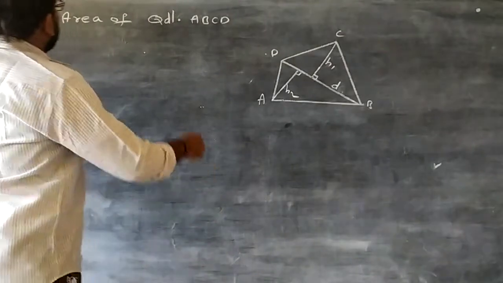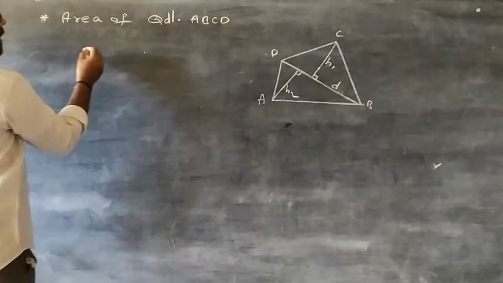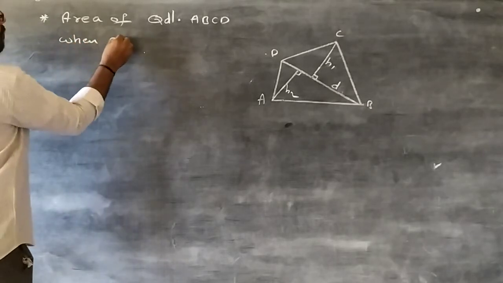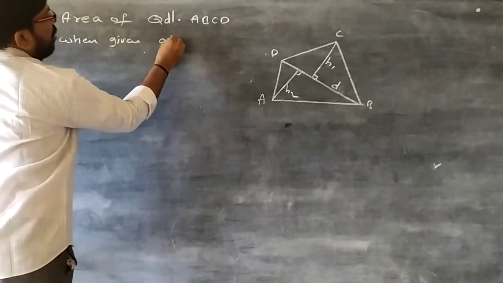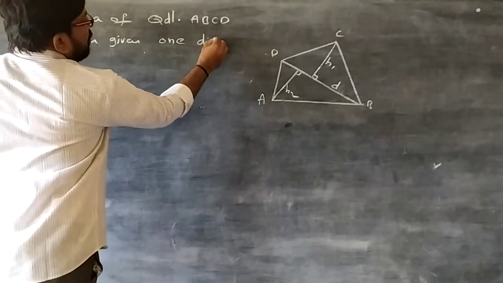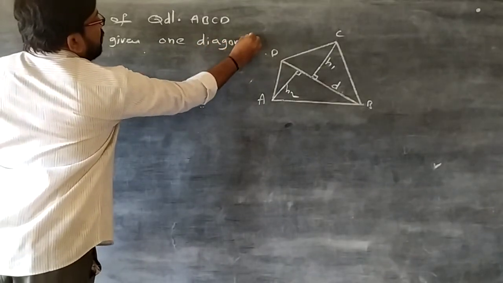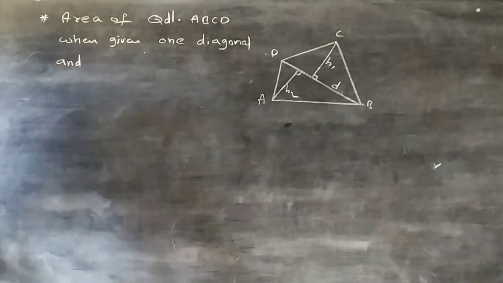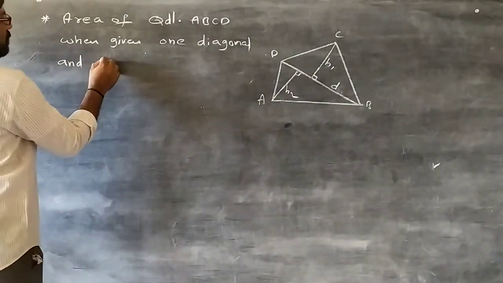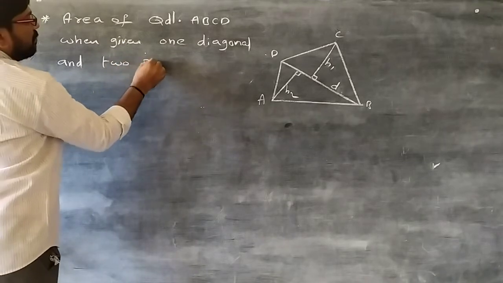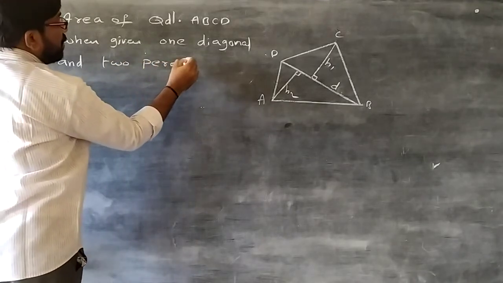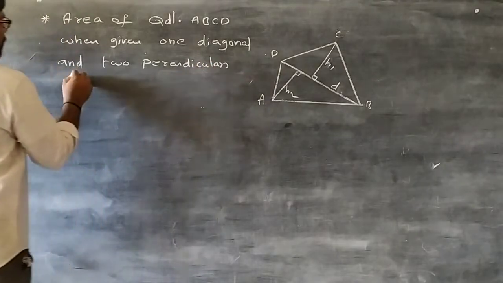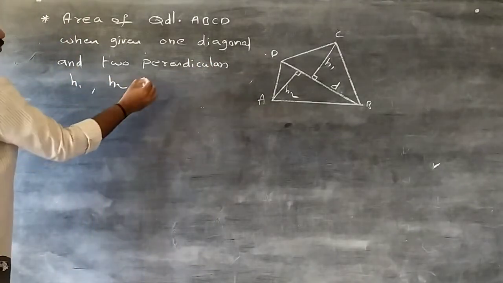Observe carefully. Area of quadrilateral ABCD when given one diagonal D and 2 perpendiculars H1, H2.